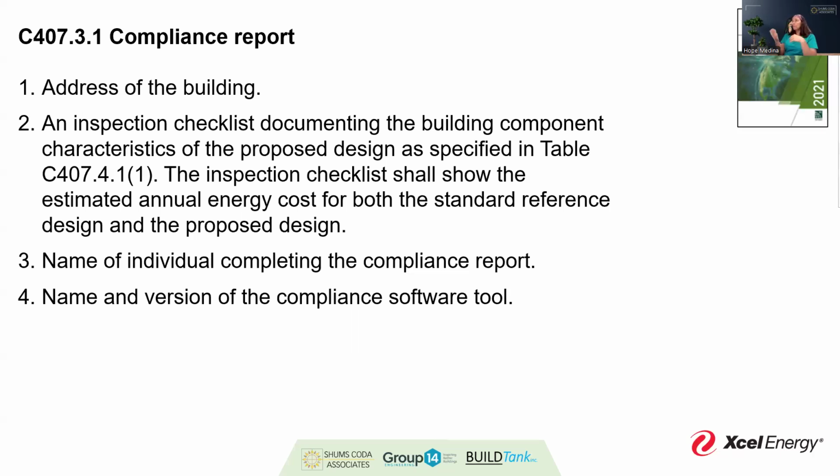This is important because I've had people say, well, why would we care about what the software and the version of the software is? And think about this. How often is there a bug in the system, right? We've all had that, ooh, we've got to update, we found an issue. Well, the same can be said, obviously, for the software. Maybe you knew that OpenStudio version 6.1 had this bug in it.